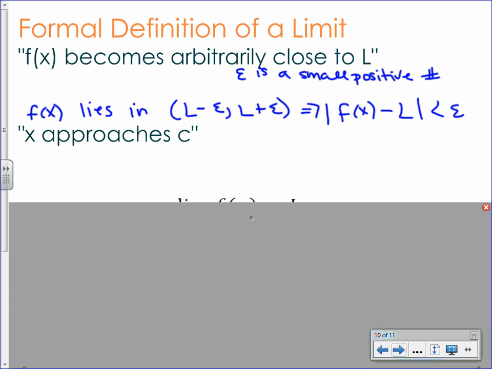x approaches c. What does that mean? Okay, you guys saw this symbol in that picture, right? We're going to have a positive number, and we have the same kind of thing. x lies in this really, really tiny interval.